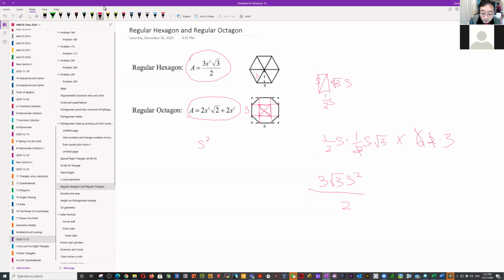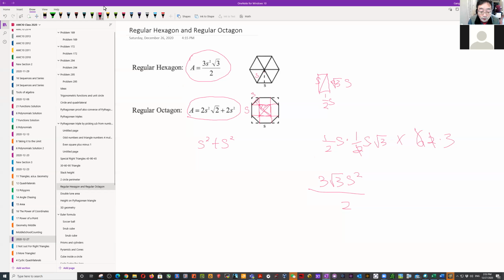This is congruent to one of those because the length of the hypotenuse is the same, since this is equilateral, this is also S. So the 4 corners together are also S squared if you find them congruent.